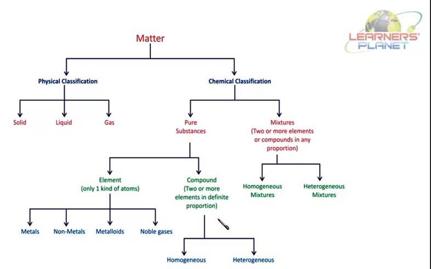See, you cannot separate the constituents of a compound by physical methods of separation. Say if I am taking sodium hydroxide, you cannot separate sodium, oxygen and hydrogen from it just by distillation or crystallization. You can't separate it. And it has a uniform property. It doesn't have the property of sodium, oxygen and hydrogen. It has a property of its own. Sodium hydroxide, what is the formula?